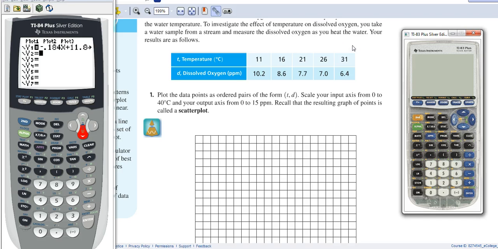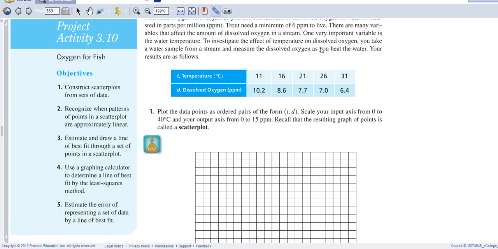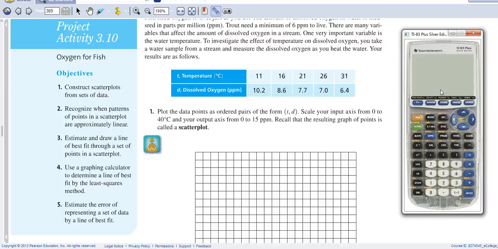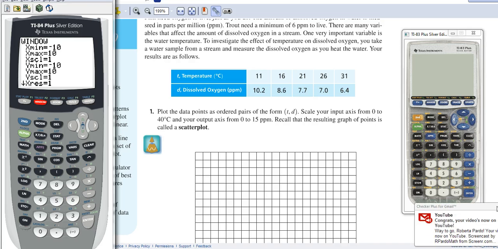Here we knew from before that the trout can live at 6 parts per million, so maybe we should find what that temperature is going to be. So we want this to be a 6, so that's our output.